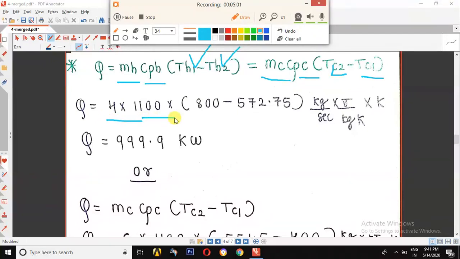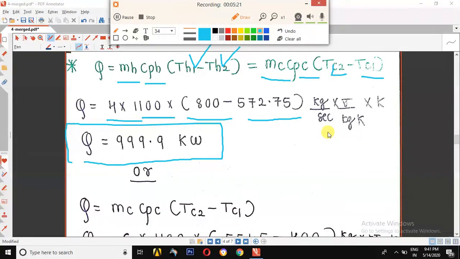Specific heat of the hot fluid is 1100 joule per kg Kelvin. The inlet temperature of the hot fluid is 800 degrees Celsius. The outlet temperature of the hot fluid is 572.75 degrees Celsius. Therefore, Q equal to 999.9 kilowatt.